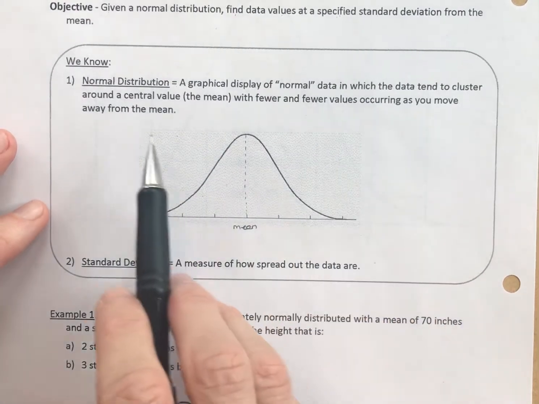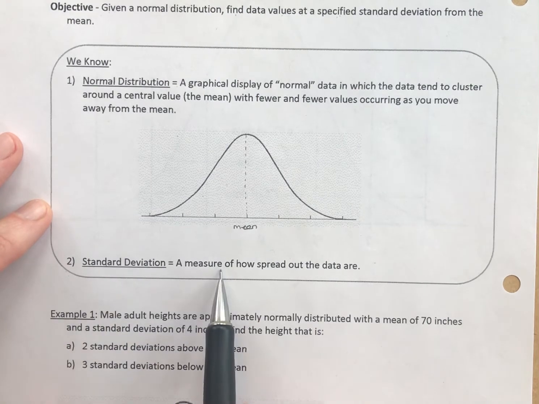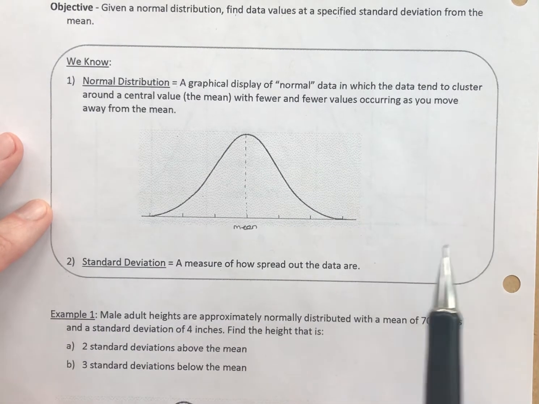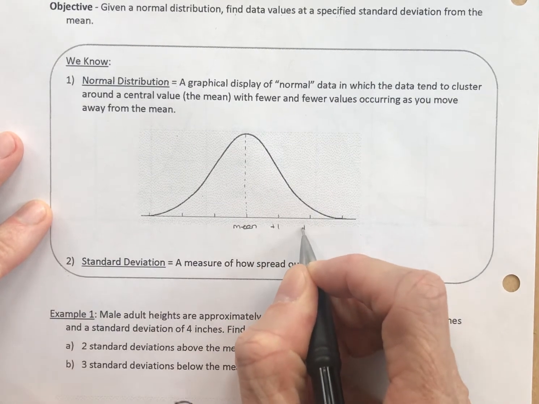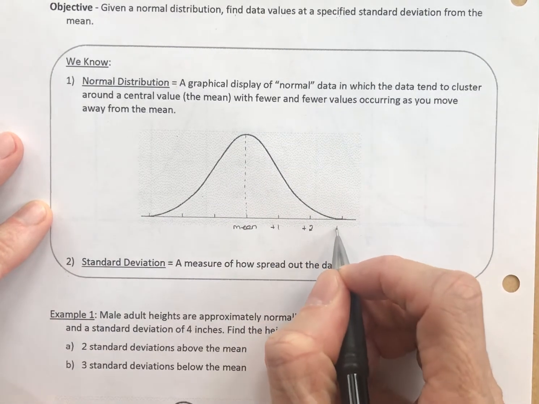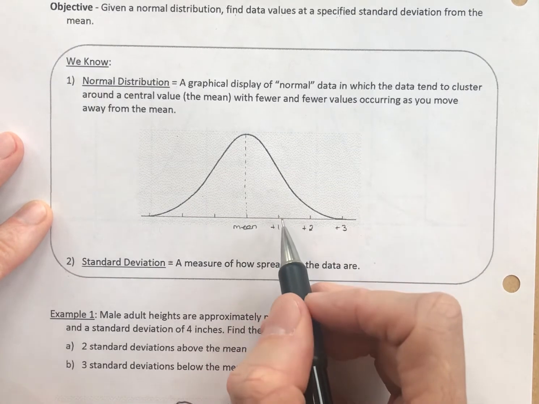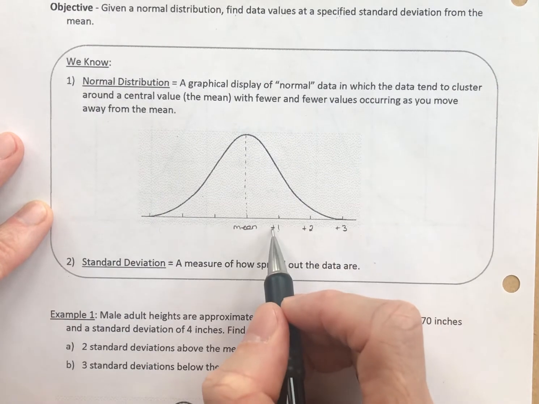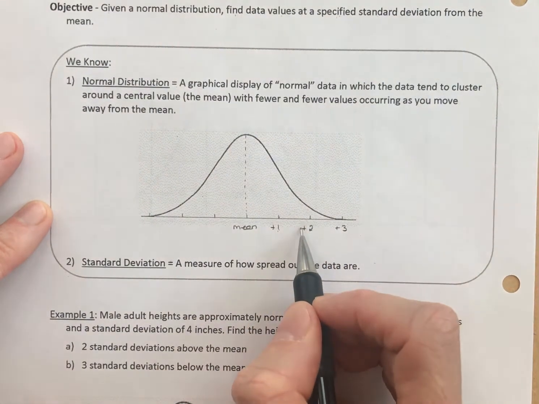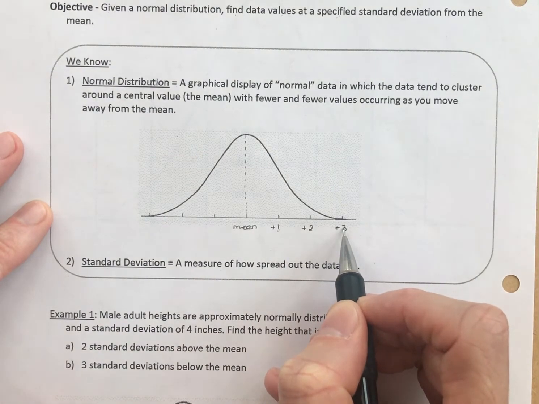Now we also have a standard deviation, a measure of how spread out the data are. And these tick marks here, we now know what they represent. This is the mean. This data point is 1 standard deviation above the mean. The plus means above. This is 2 standard deviations above the mean. This is 3 standard deviations above the mean.